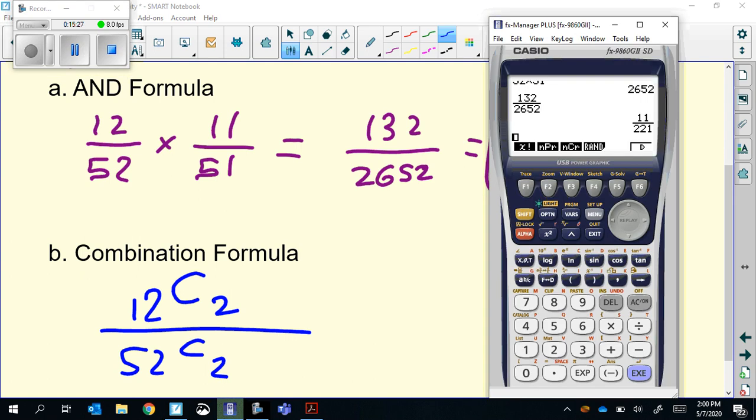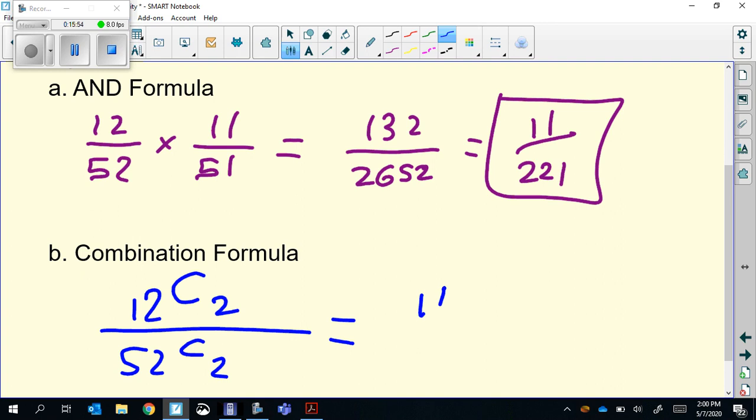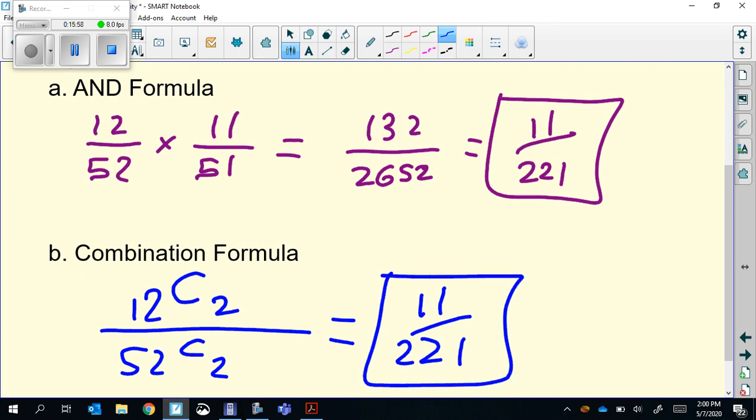So on our calculator, we can do 12C2 as our numerator, and we can do 52C2 as our denominator, and look at that, 11 over 221. Same thing.